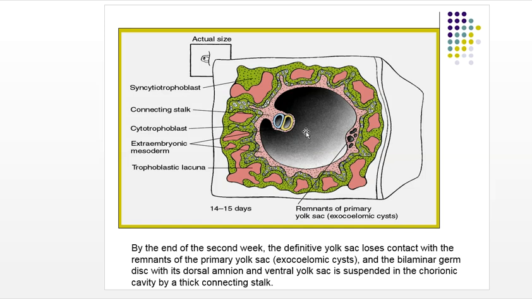Another important thing that happens during this day is complete obliteration and repair of the implantation site, because as you remember, at the site of implantation we have a temporary tissue named the fibrin coagulum. At 13 days, a new epithelial layer replaces the fibrin coagulum and the implantation site is completely repaired.